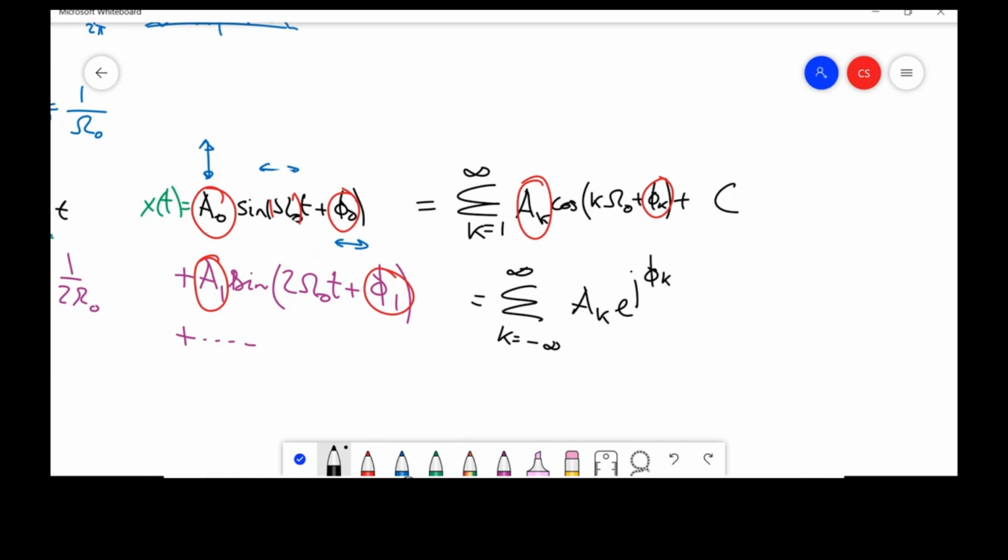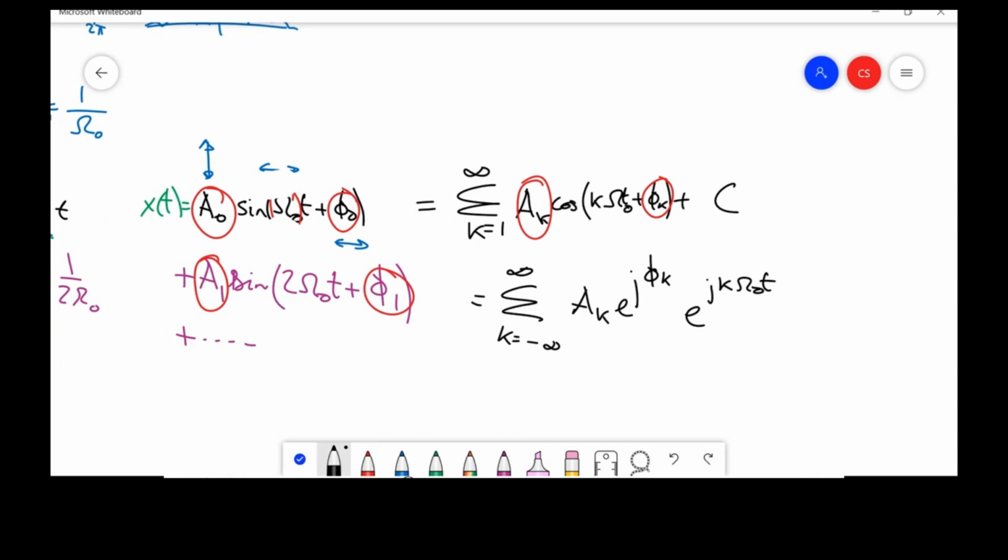Instead of having this cosine, what I have is this complex exponential. But now k goes from minus infinity to infinity.